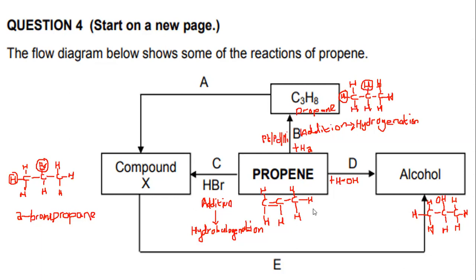Now, we then ask ourselves about the conditions. But remember, for us to know the conditions, it becomes a little bit easier if we know the type of reaction, particularly which is addition here, the type of addition. So this is an addition reaction. Why say?